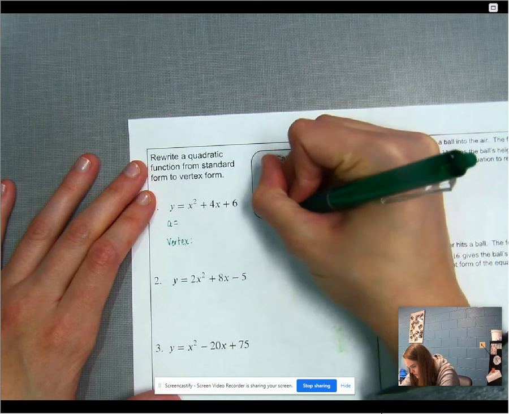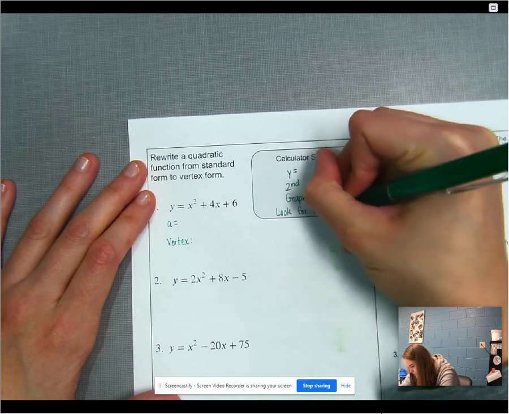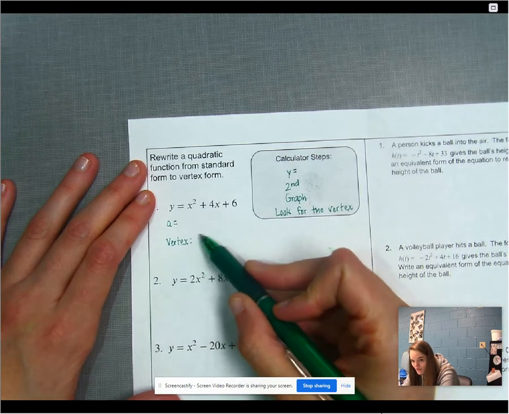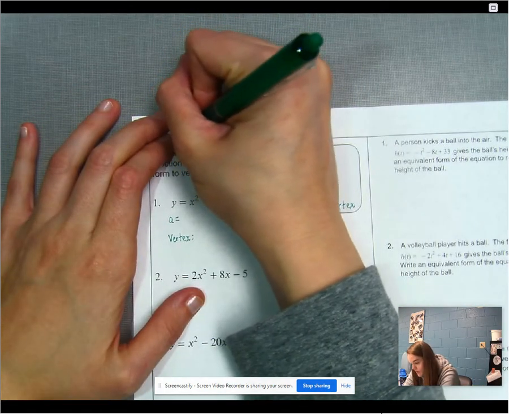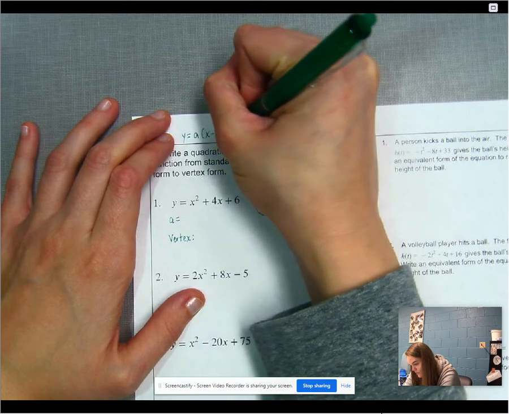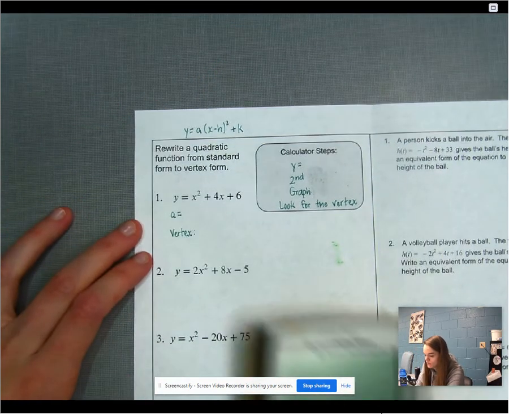We're going to look for the vertex. Once we find it, we're going to write it down and write this in vertex form. I'll write vertex form up here at the top so we don't have to go back and forth. Okay, so write that down, get your calculator out.